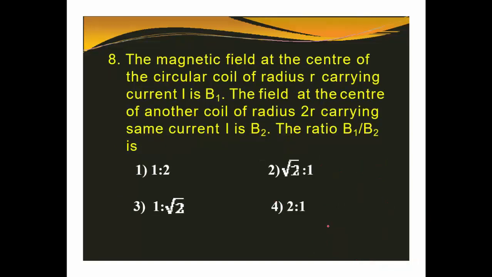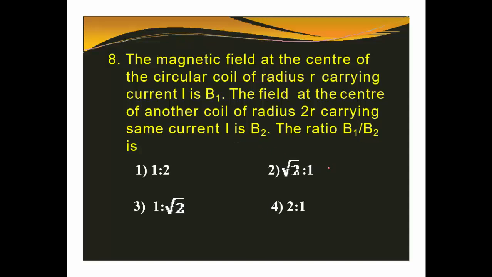So the eighth question is, first I will read the question again. The magnetic field at the center of a circular coil of radius r carrying current I is B1. The field at the center of another coil of radius 2r, carrying the same current, is B2.